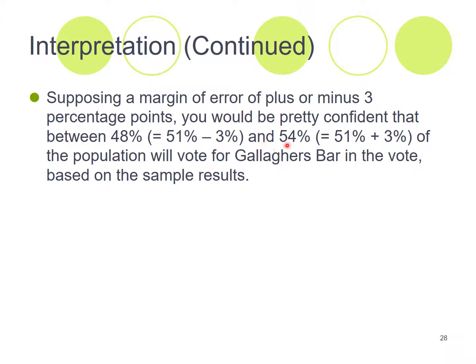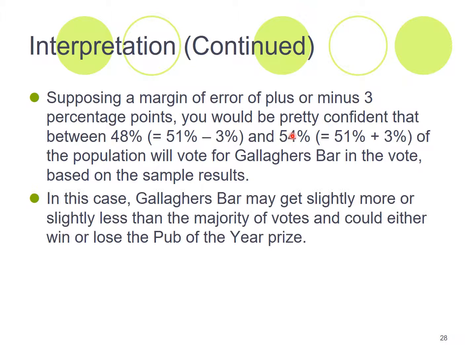If 54% of the people vote for you, then you will win. So this margin of error shows you the range of possible answers. We think it's going to be 51, but it could be as low as 48, or it might be as high as 54% of the votes will come your way. So it's very important to know the margin of error.